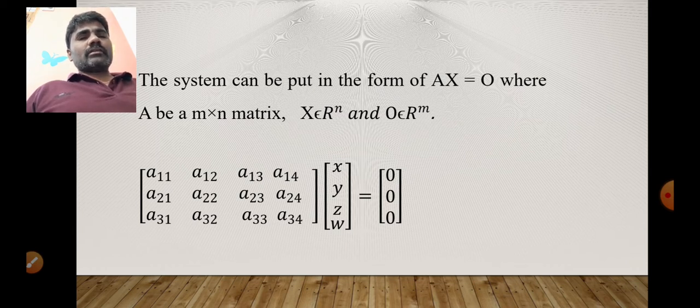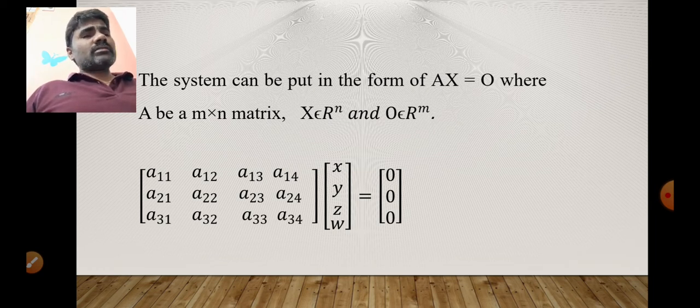Now we decide the consistency of this system. In the earlier case, the condition for consistency of the system is rank of A equals rank of AB. But here b is 0. That's why rank of A equals rank of [A, 0], which equals rank of A. That's why this homogeneous system is always consistent.